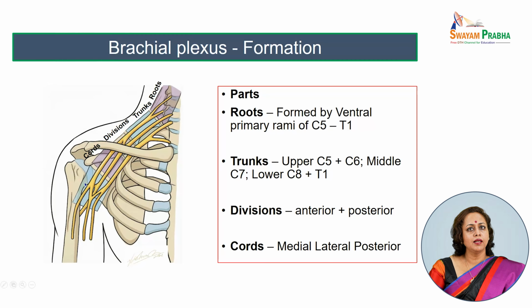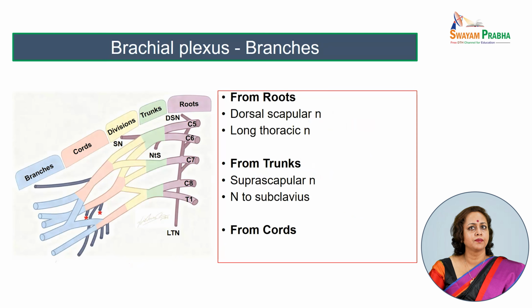That means the lateral cord lies lateral to the axillary artery, the medial cord lies medial to the axillary artery, and the posterior cord lies posterior to the axillary artery, all of them being contents of the axilla. I'm sure you remember your lecture on axilla, so you'll somewhat link it to that lecture of yours.